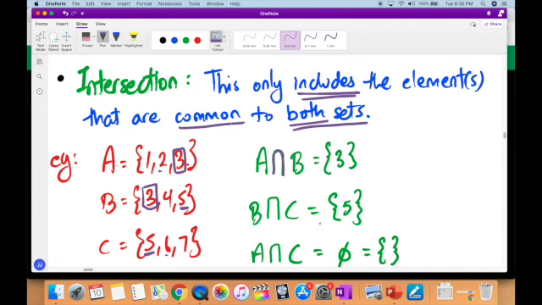So B intersect C is the set with just 5 in it. And A intersect C, if we look at it, A is 1, 2, 3, C is 5, 6, 7. So there is no intersection. So A intersect C is the empty set. It is empty. There is no intersection there. Everybody finish writing this? Can I move on?